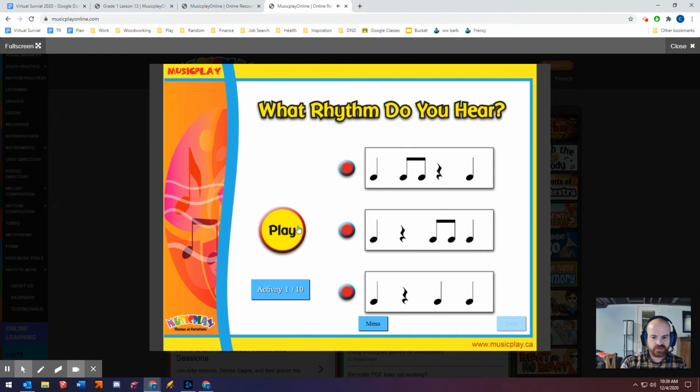Okay, so let's try to get rid of one that we know can't be right. We know that there's a TT in there. Is there a TT in this pattern? Nope, so it can't be that one. So it's got to be this one or this one. Which one do you think it is? I think it's this one. All right.